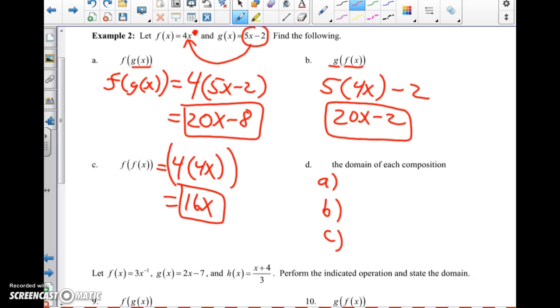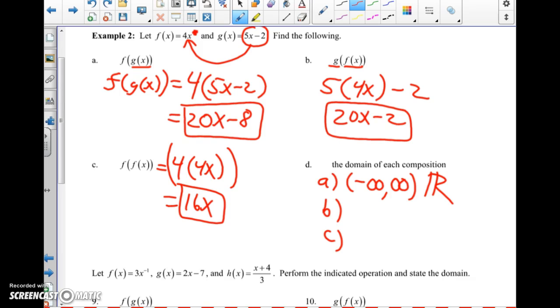You don't want to find it. It's the domain of g of x that you find. We worked on this for several weeks now. Okay, so what's the domain of g of x? Who knows the answer? That first part, you guys should all know by now.